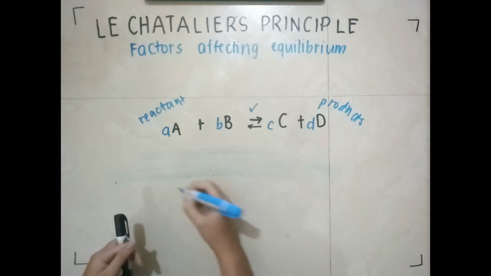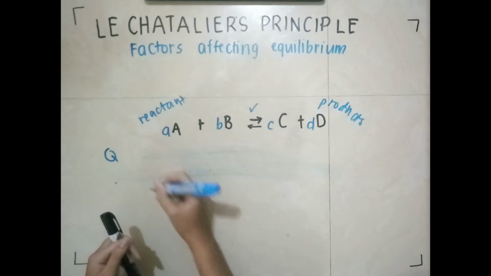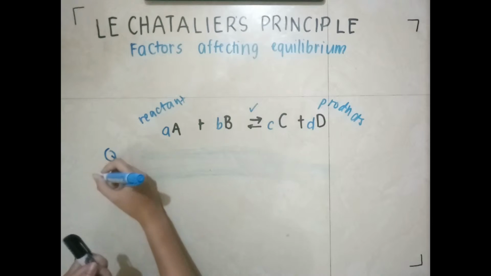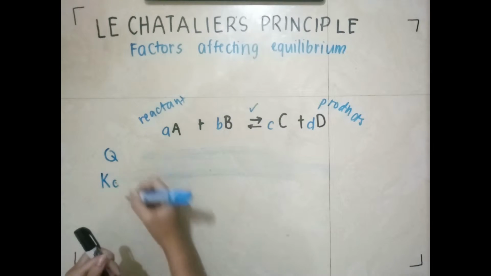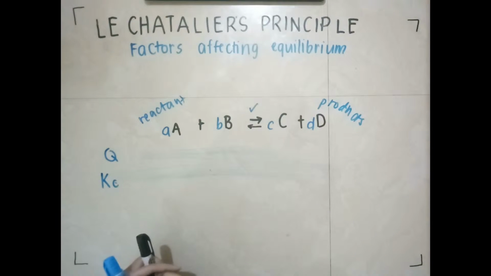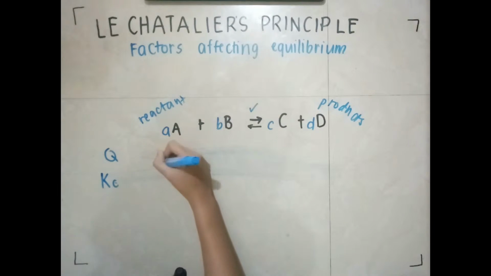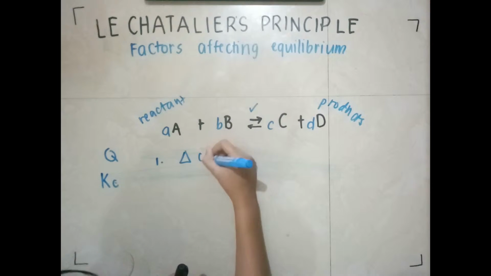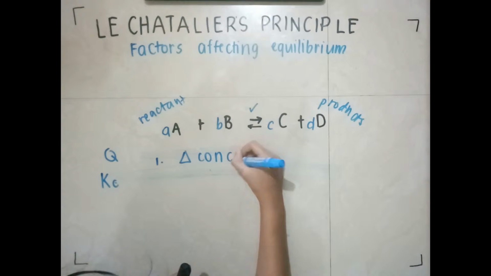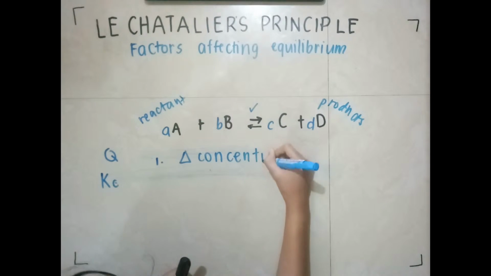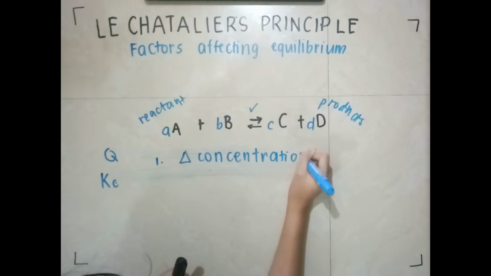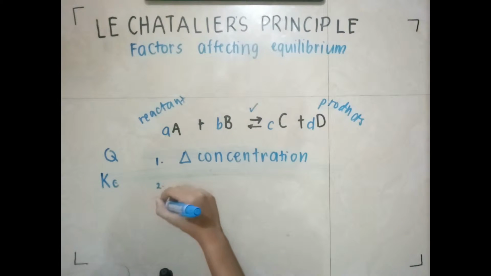The reaction quotient, or Q, helps us predict the direction of the shift. There are three types of changes that can disturb the equilibrium of a reaction. Number 1 is a change in concentration, number 2 is a change in pressure or volume, and number 3 is a change in temperature.